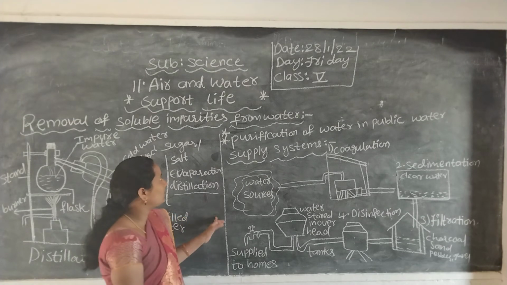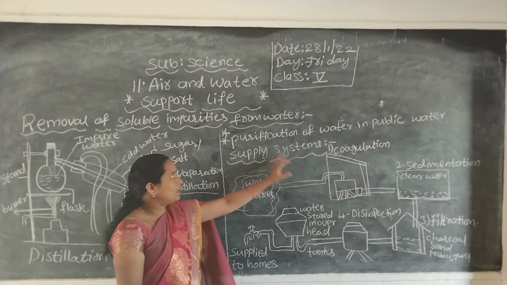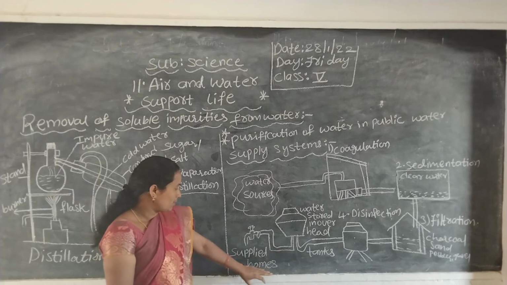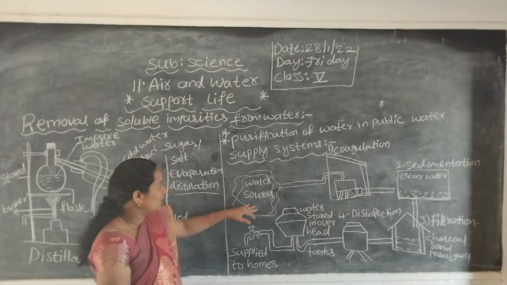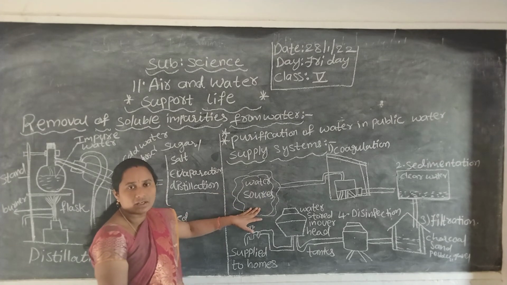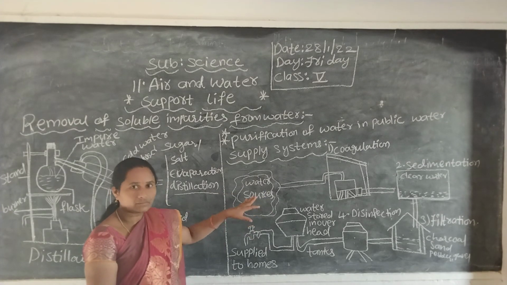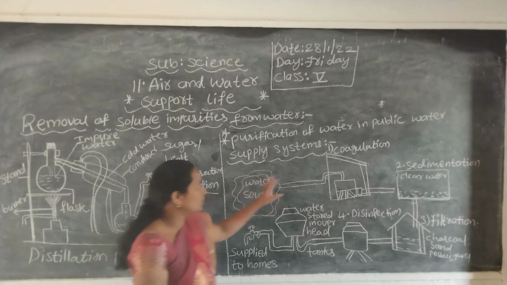Now, public supply systems include purification processes. See the figure here. From water sources like ponds and rivers, they collect the water in the coagulation tank.